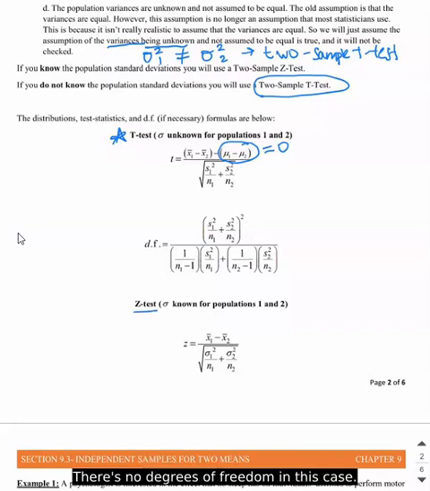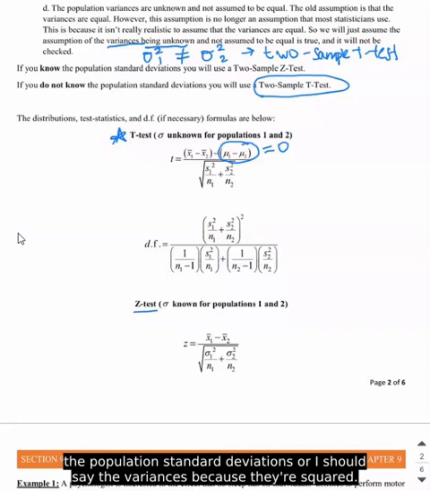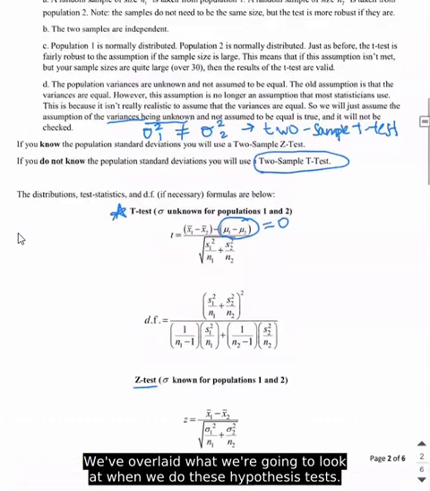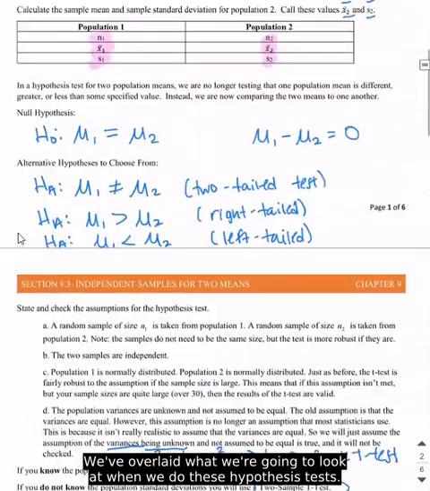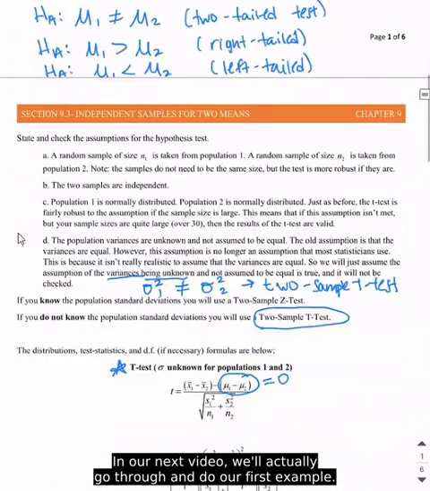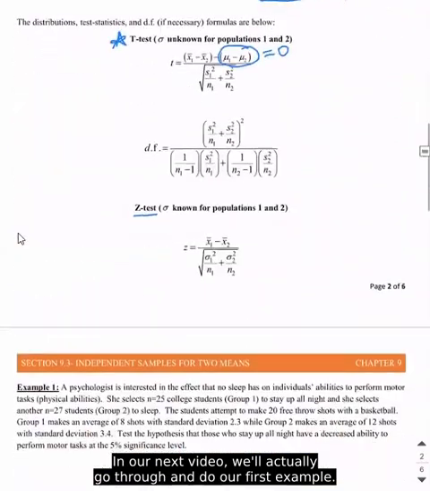There's no degrees of freedom in this case, and it looks really similar to the one above, just without the degrees of freedom and with the population standard deviations, or I should say the variances, because they're squared. All right, so we've overlaid what we're going to look at when we do these hypothesis tests, and in our next video, we'll actually go through and do our first example.